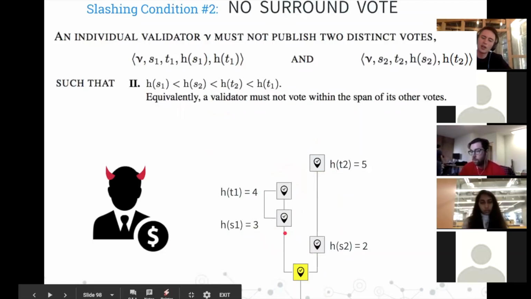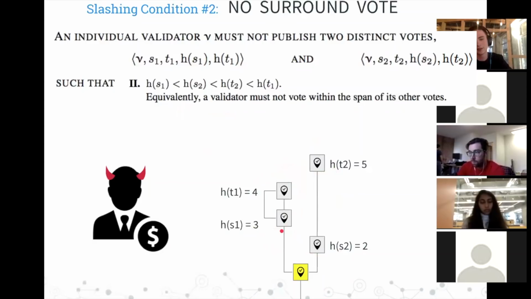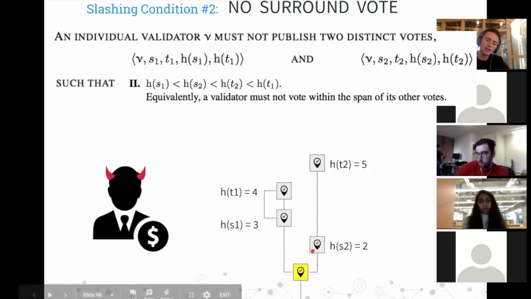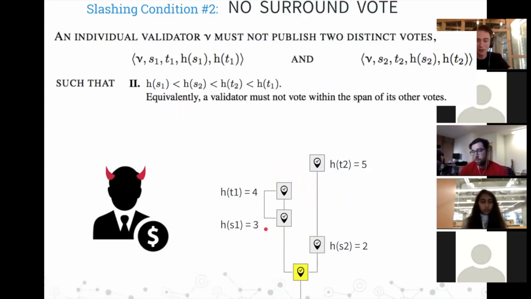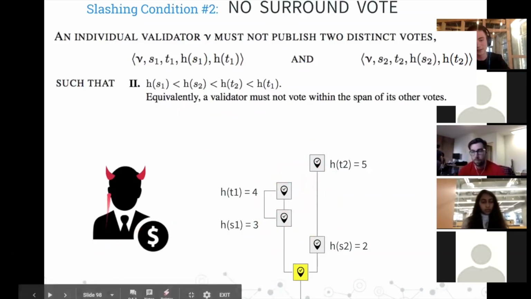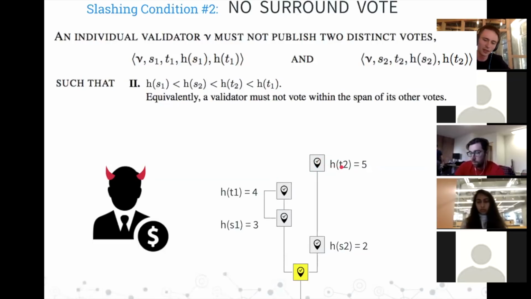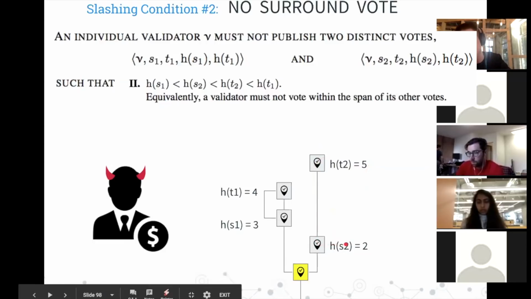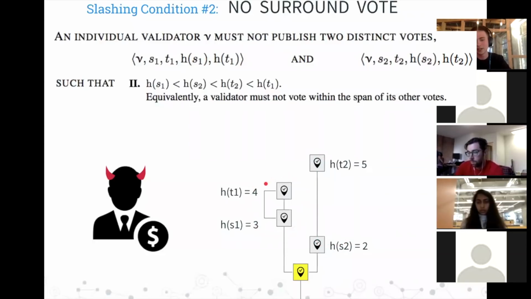And it makes some sense intuitively, because, by the way, these are all votes from one validator, this evil validator. So this vote that is referencing a target height of 5 and source height of 2, or target epoch 5, source epoch 2, is not including this information in it.